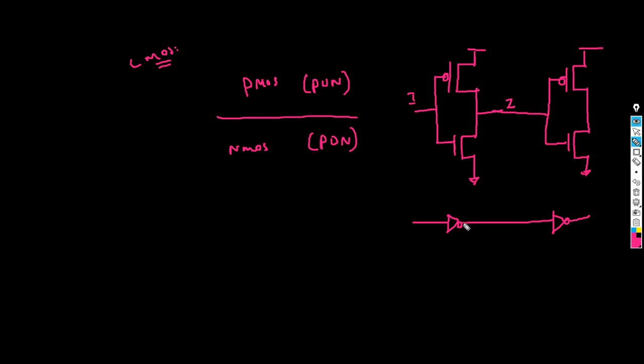So your CMOS structure, right, this is what we call the pull-up network, because the logic would be pulled to high because of this MOS turning on, and these guys are going to contribute towards your pull down to basically zero.